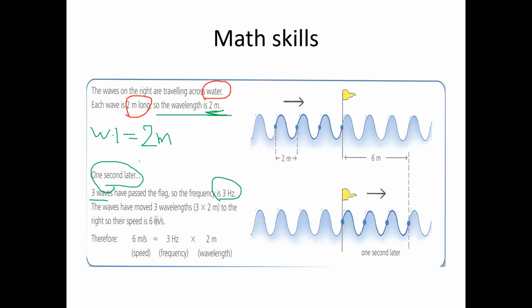So time here is 1 second. And they said 3 waves passed in 1 second. So 3 over 1 is equal to 3 Hz. So now what do we have here? We have frequency.